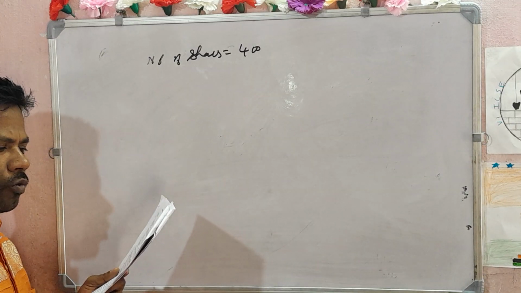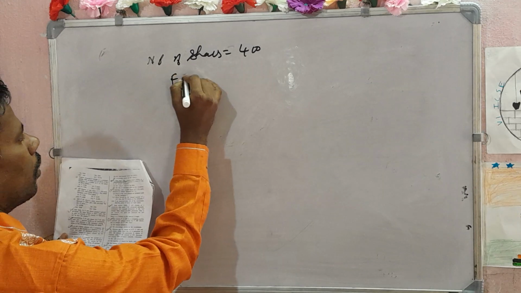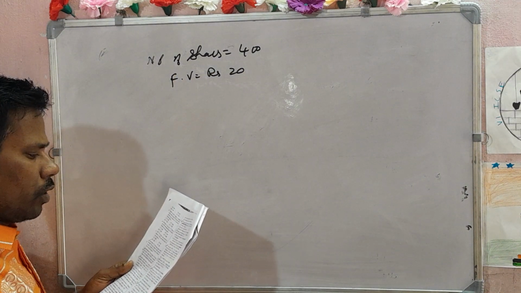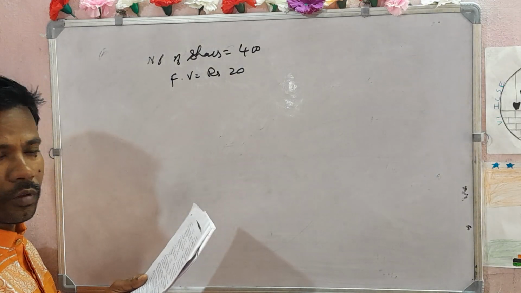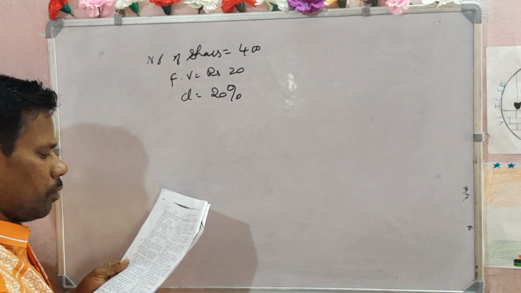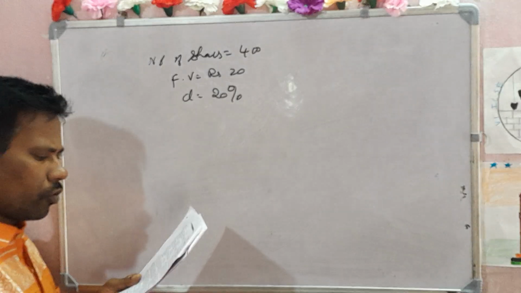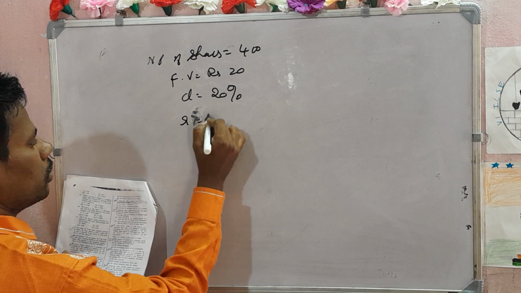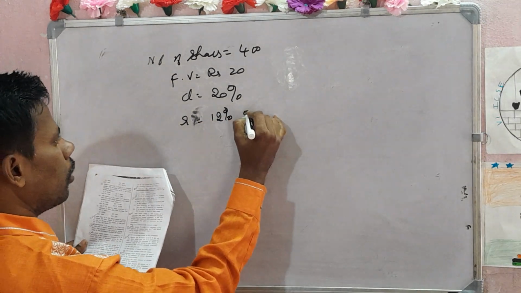Face value is 20 rupees, at a discount of 20%. He receives a return of 12% on his money. Rate percentage is equal to 12% on his investment.